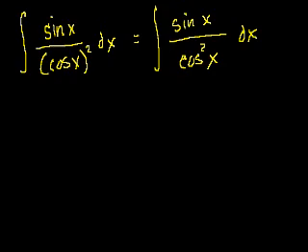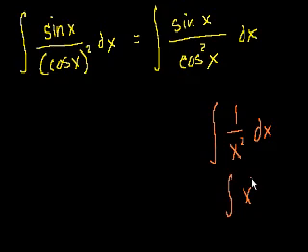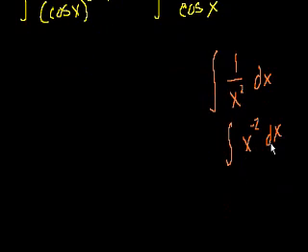And we know how to do this integral. Let me do it on the side. This integral would be easy: 1 over x squared dx. That would just be the antiderivative of x to the minus 2 dx. And we know how to take the antiderivative of something like that.